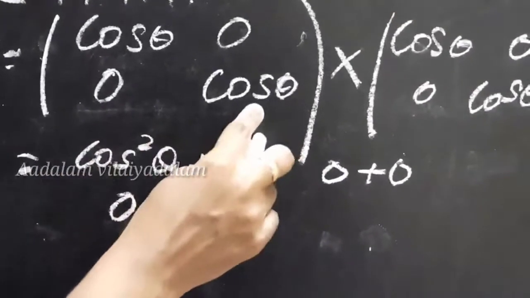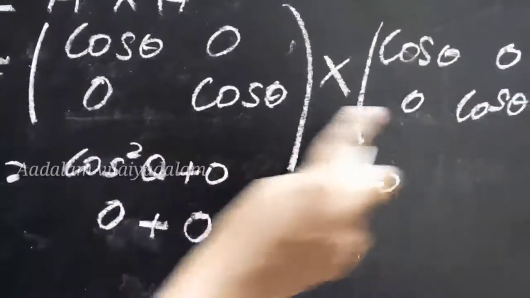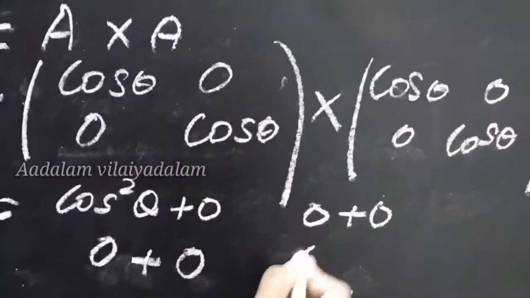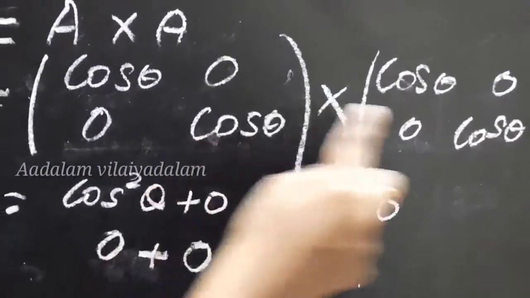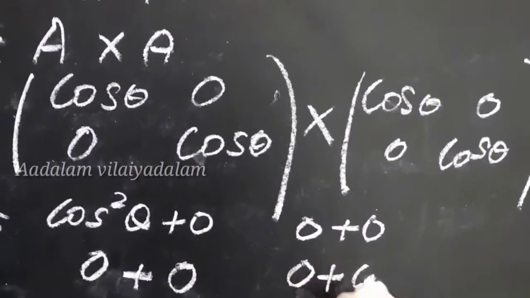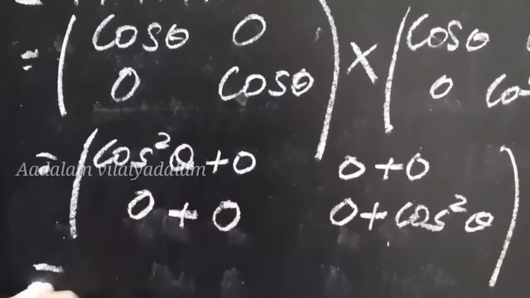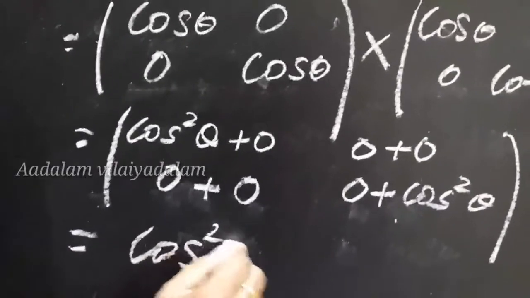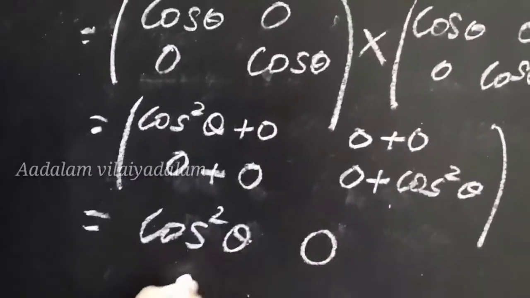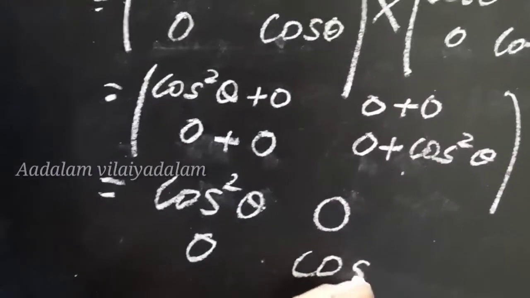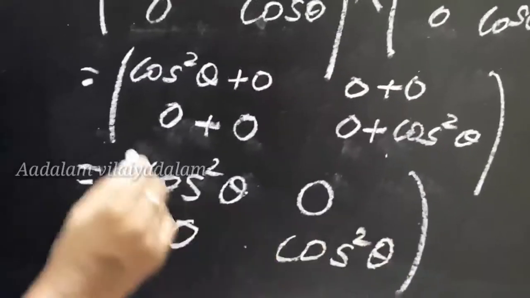Next, the second row, second column: 0 into 0, 0, plus cos theta into cos theta, cos square theta. So the A square value is cos square theta, 0, 0, cos square theta. So this is the A square value.